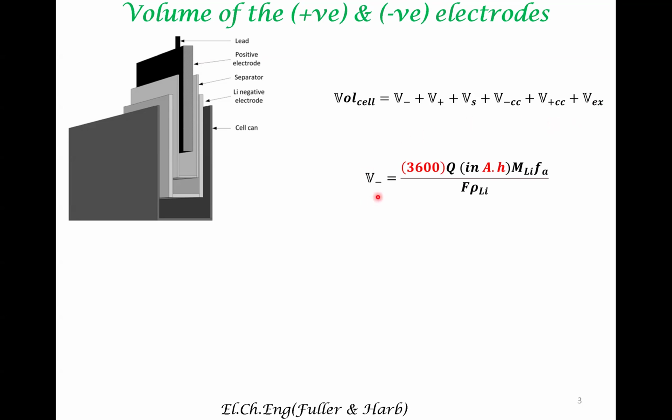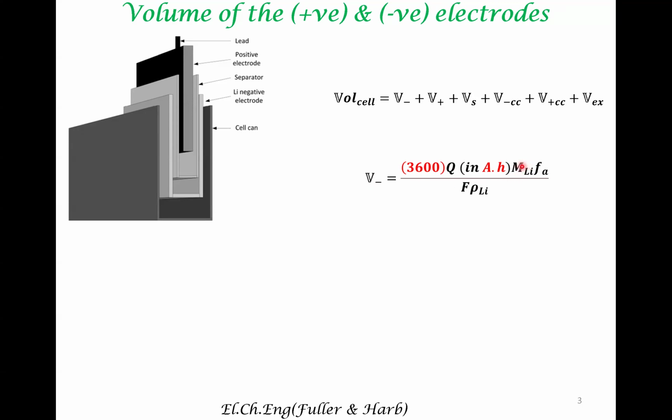So we'll first look at the volume of the negative electrode. Because the capacity is specified in terms of ampere hour, to convert that, you have this quantity 3600 to convert it into SI units.